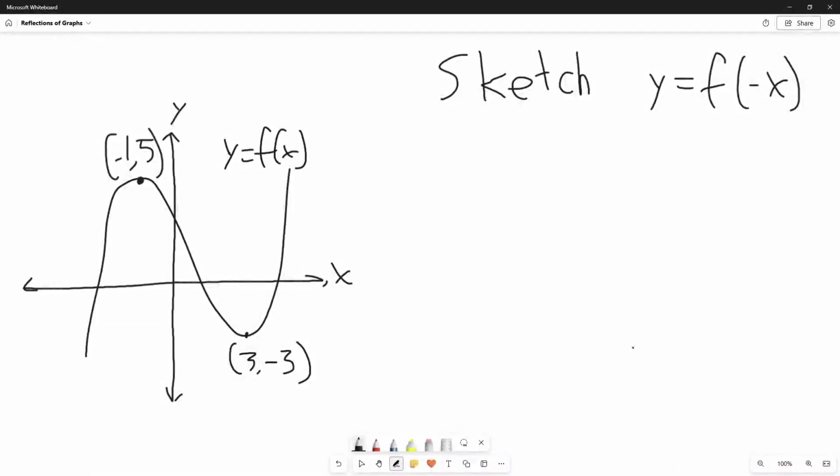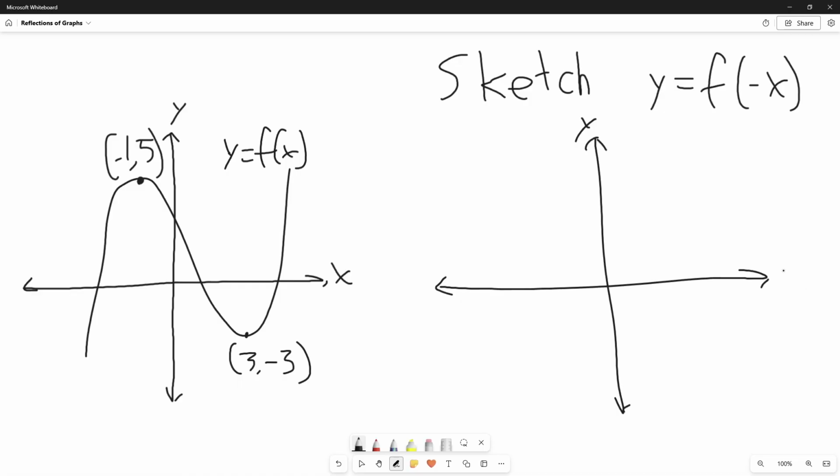And now let's do another practice problem. If you think you can do this one, pause the video and try it. For this one, we're given the same y equals f of x, but this time we're asked to sketch y equals f of negative x. This is a horizontal reflection, or reflection over the y-axis. Whenever you reflect something over the y-axis, instead of the y values changing, the x values are going to change.